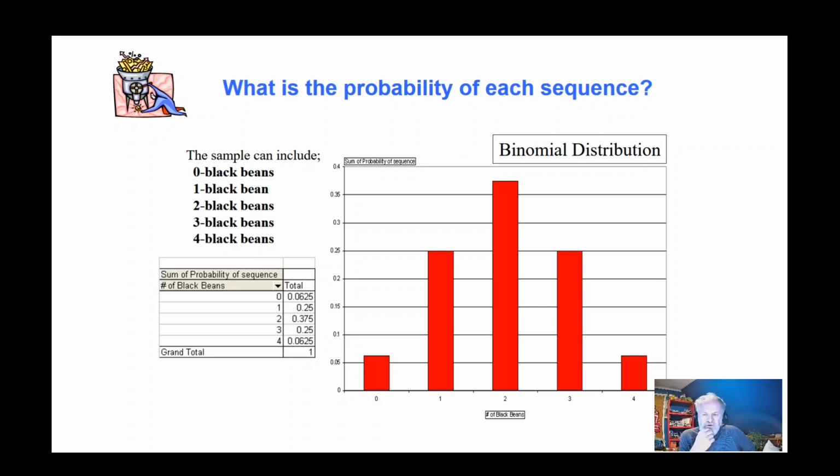Now, if I'm drawing a sample, and this is kind of the heart of inferential statistics and estimation, if I draw a sample and get 0 black jelly beans, the probability of that occurring is, if I were to run this study 100 times, roughly 6.25 times out of 100 studies.